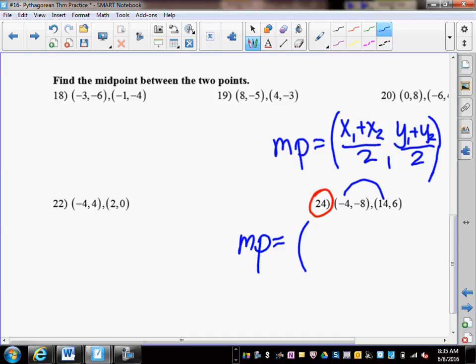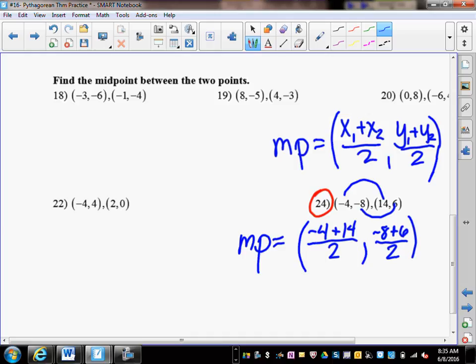All right, x plus x, negative 4 plus 14 divided by 2. And my y's, negative 8 plus 6 divided by 2. Then divide by 2. Make sure if you're using your calculator for this, that you put parentheses around the top. You don't want to just type in negative 4 plus 14 divided by 2. You'd have to have parentheses around your numerator.